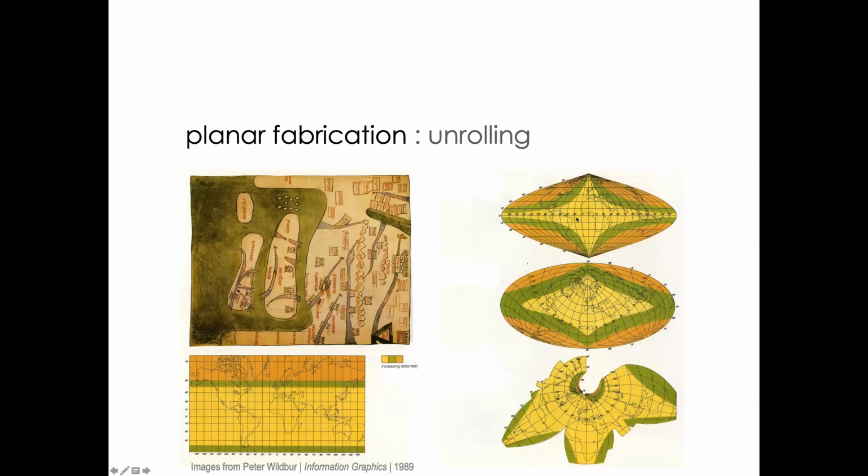So you can see here, there's minimal tearing, just one incision made in order to flatten this out, but then there's lots and lots of distortion. Here, they minimize distortion, but what that means is they had to dart and add lots of incisions and cut the curvature, the geometry, in order to unroll it, right?